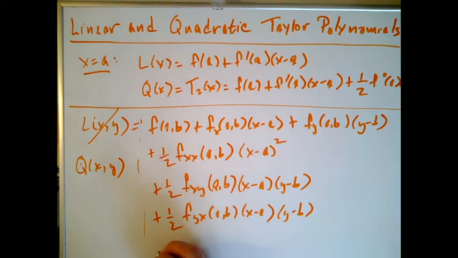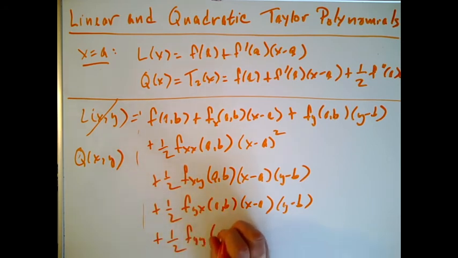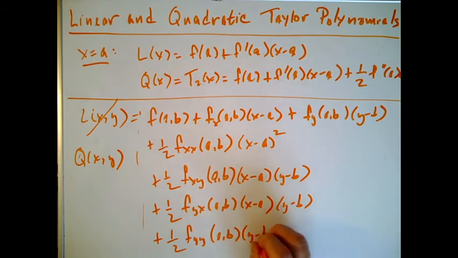And finally, there's one more second derivative. That's going to be another 1/2, and this time it's going to be fyy at a, b times y minus b quantity squared, like that. That is going to be the formula for the quadratic Taylor polynomial around the point a, b.